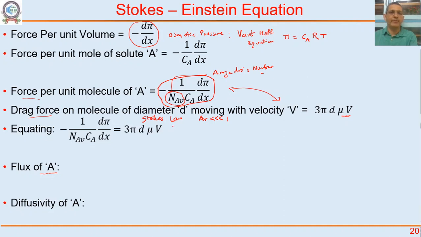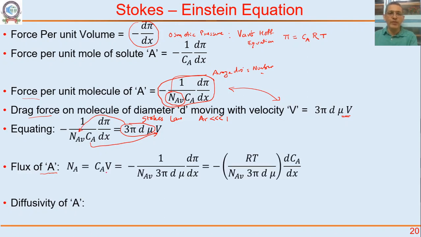I'll get this expression. Now flux of A, I can rearrange this a little bit, bring this Ca on this side and bring all these things on the other side. Ca into v is nothing but concentration, moles per unit volume, multiplied by the velocity. It is nothing but volumetric flow rate per unit area.